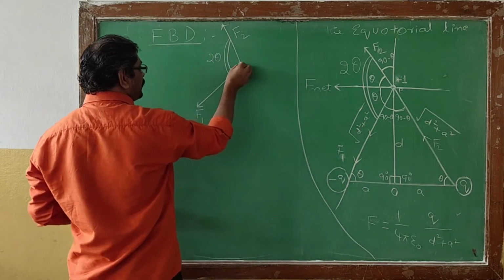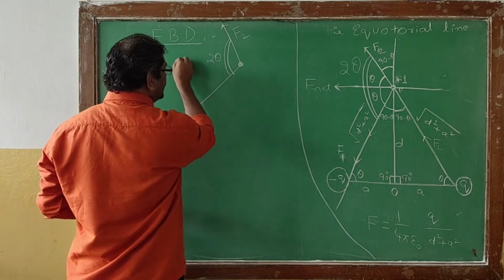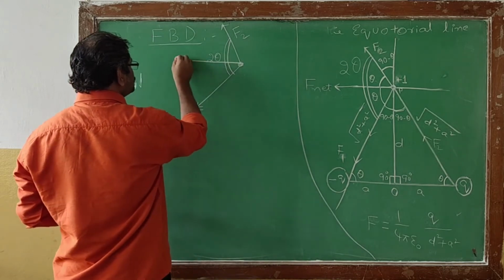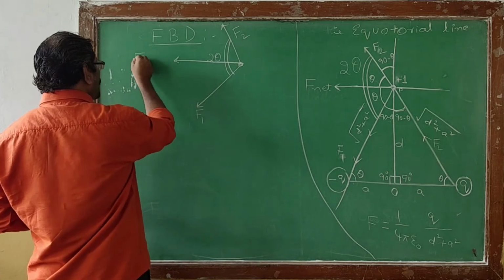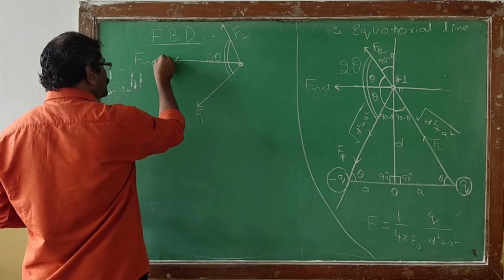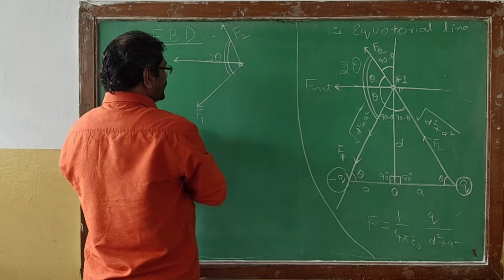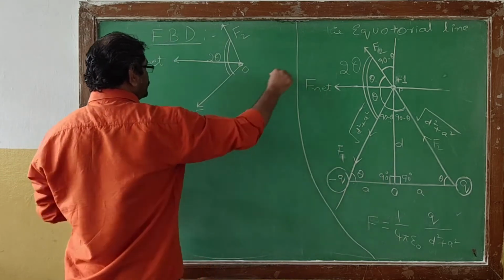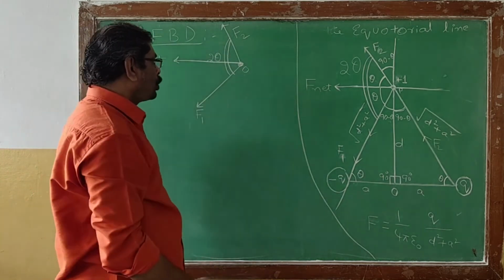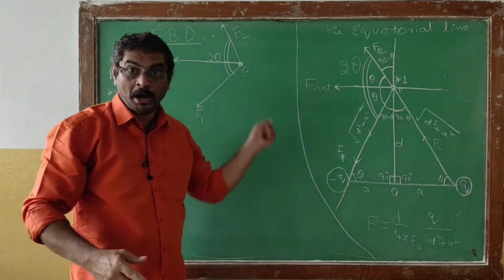That is the reason why the resultant force, or the net force, will be given by the diagonal of the parallelogram drawn from the same point.